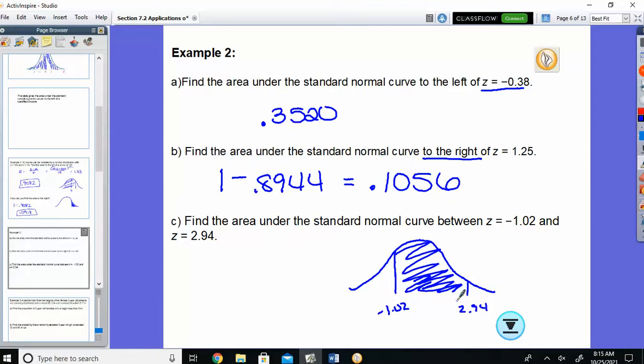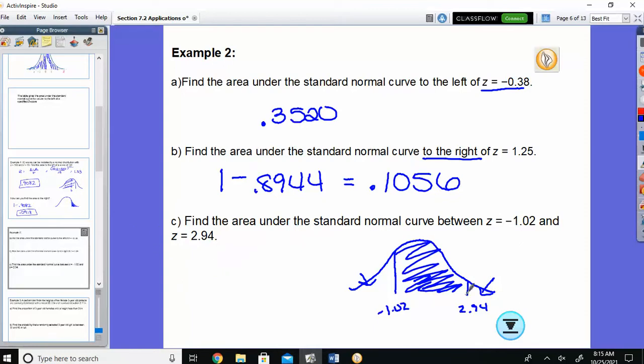Yep, two perfectly good options there. The one that has fewer steps is probably Carly's option, but what Corey said worked just as well. He said find this out here, which we did, area to the right, you just do 1 minus. Find this down here. Then if you add those together, if you did 1 minus that, you'd get the rest of it. So that works perfectly well.